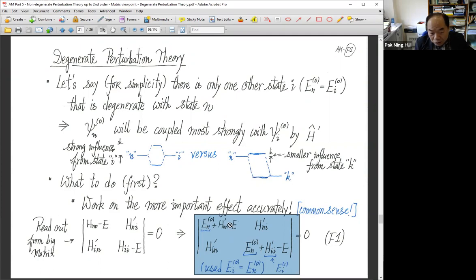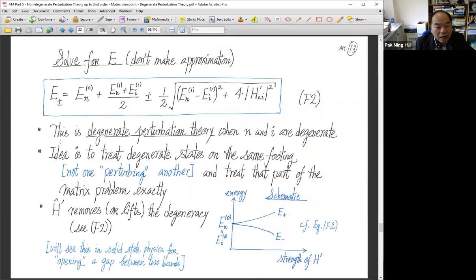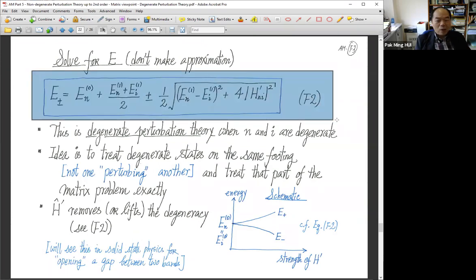The problem is to solve for E. Do it. It's quadratic. I just copy the result. You do it this way, stop there, then you are doing degenerate perturbation theory because you haven't assumed anything about this difference against this energy.